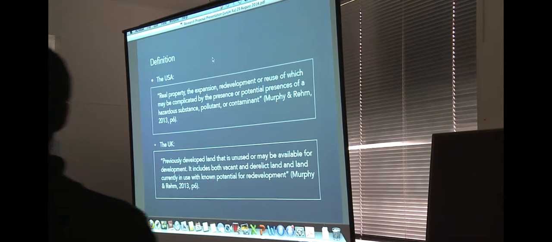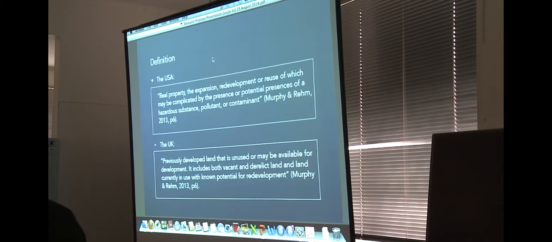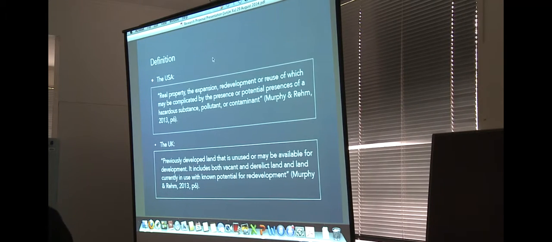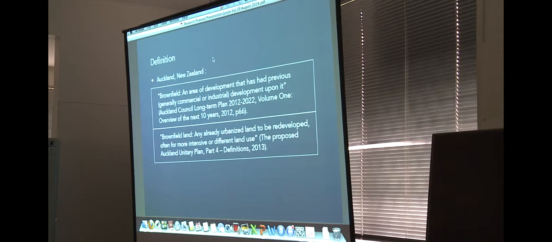In contrast, the UK definition is more general. It focuses on land that is vacant and derelict and has the potential to be redeveloped.